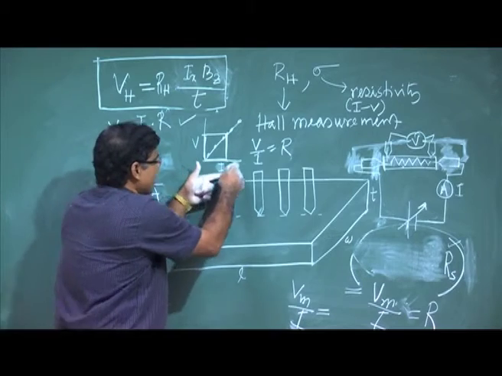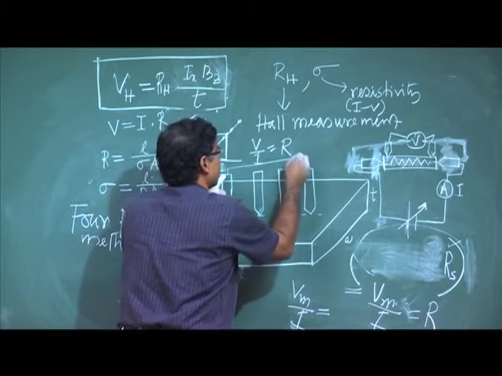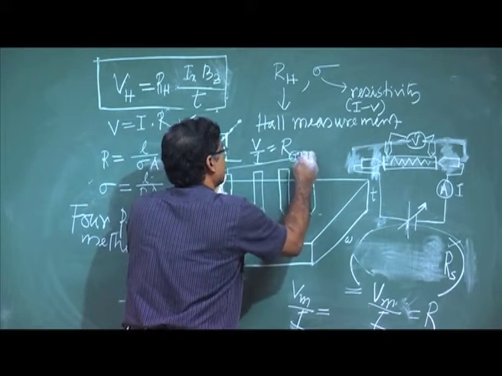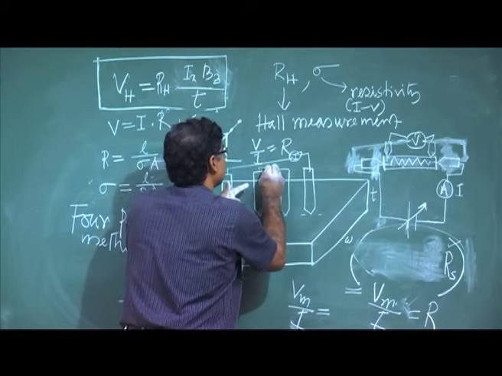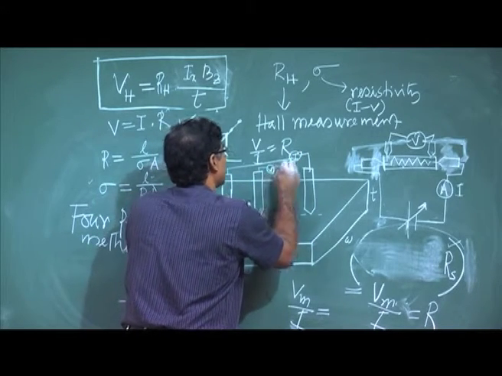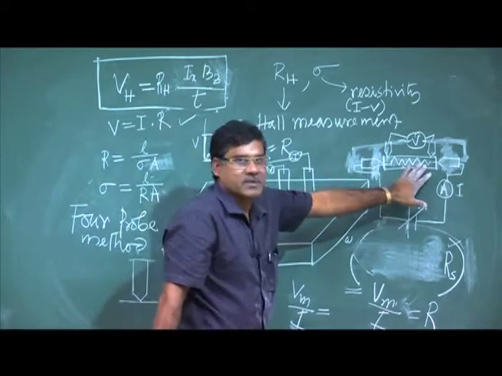Okay. So, the outer 2 are used for current and the inner 2 are used for measuring voltage. Okay. So, whatever I explained, the same way.